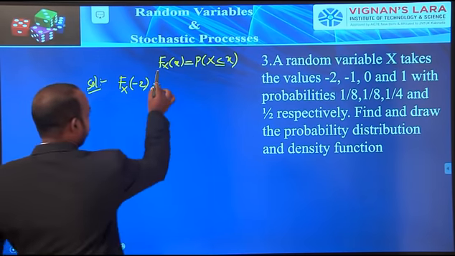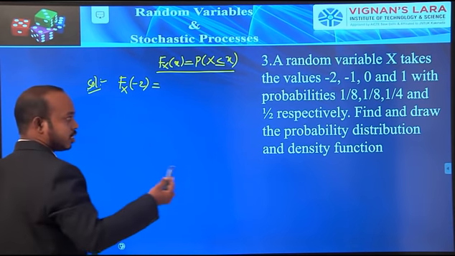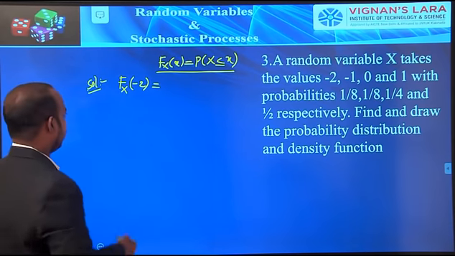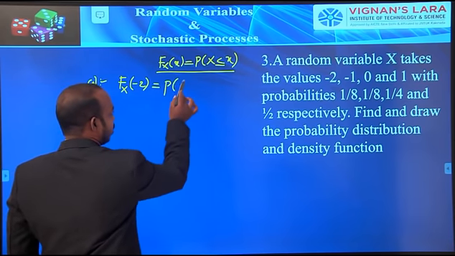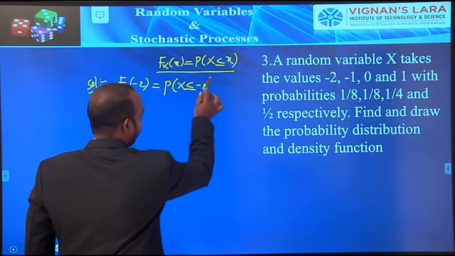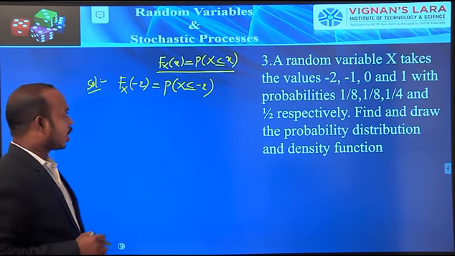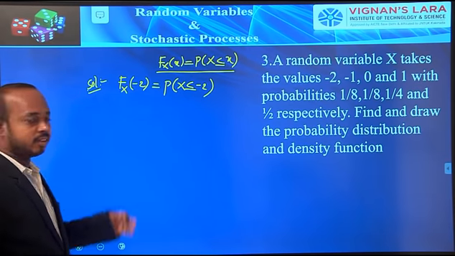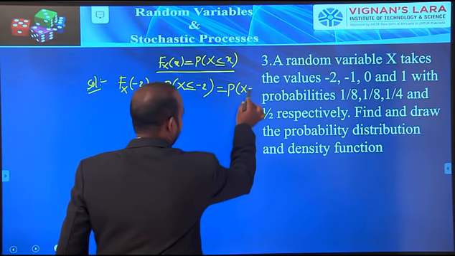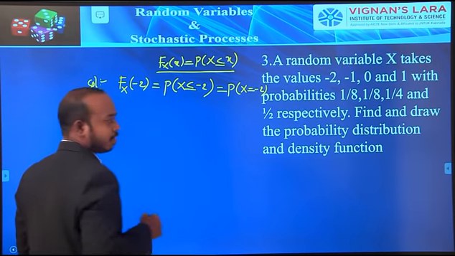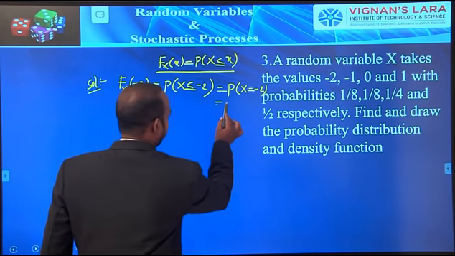According to this property, I am directly simplifying. The distribution at -2 is the probability of capital X less than or equal to -2. Here we have only the probability at -2, so I am writing the probability of capital X equal to -2. At -2, the quantity is 1 by 8.